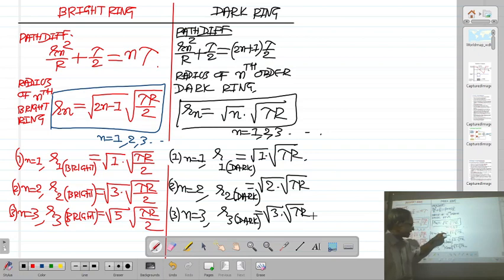Means we can say that the radii of the dark rings are proportional to the square root of natural numbers. It includes the odd numbers as well as even numbers.